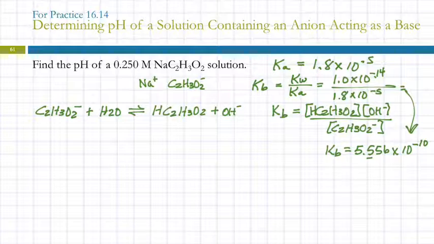So now I can go over here. This 0.250 molar sodium acetate. The sodium ion is there, but it's not going to do anything. It's just the counter ion. It's a spectator ion, so we're not going to worry about it. We're just going to let it come off of the acetate and say, well, then I've got 0.250 molar sodium ions, which I don't care about, and 0.250 molar acetate ions. And those acetate ions are going to react with water and form acetic acid and hydroxide ion. But initially there's no acetic acid and there's essentially no hydroxide ion.